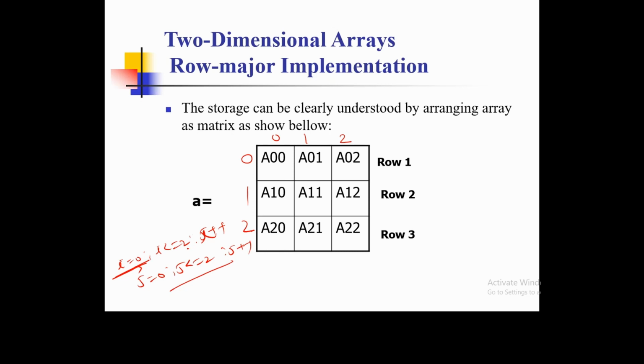So when i equals 0, it will execute for j equal to 0, 1, 2, meaning this element, this element, this element. When i equals 1, the inner loop will execute for these three elements. And when i equals 2, it will execute for A20, A21, A22. So it will access and store the elements row by row, in row major order form.